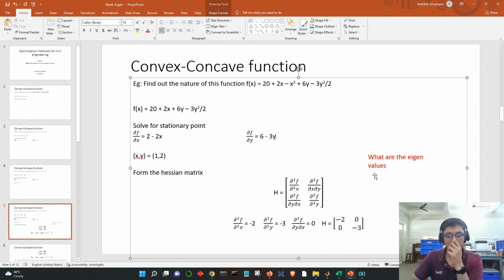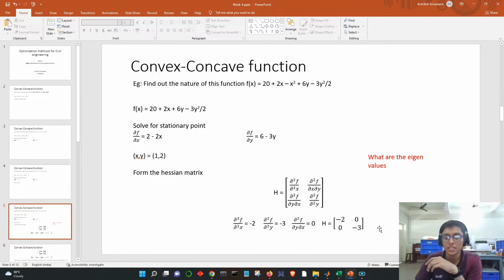Okay, and then with respect to y, dou squared f by dou y square is minus 3. So can you guys, without calculating, tell me the eigenvalues of this Hessian matrix? Just by looking at it, we can tell the eigenvalues.